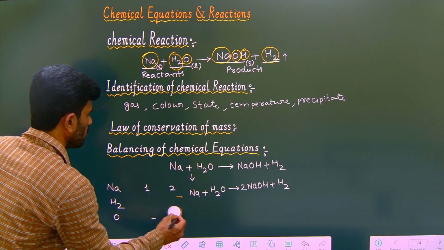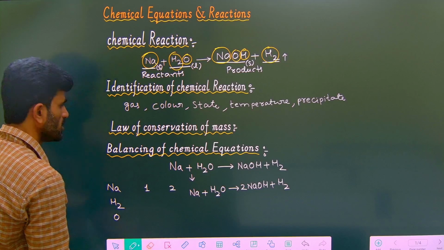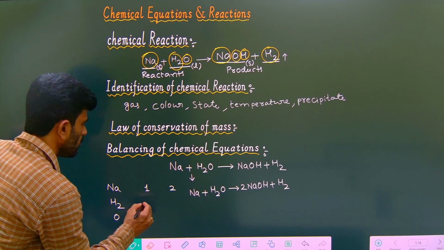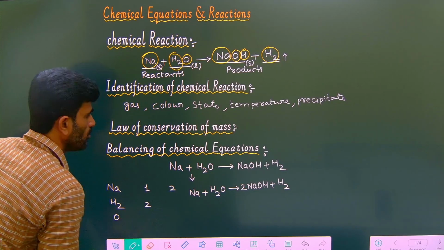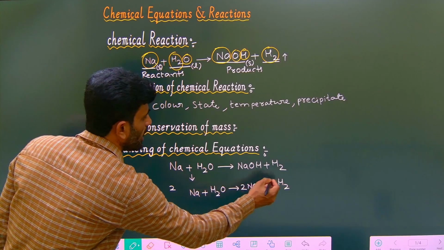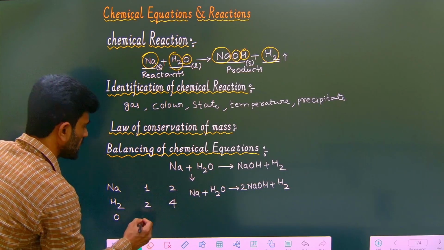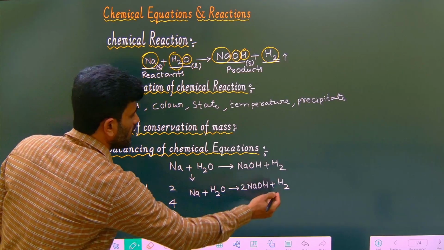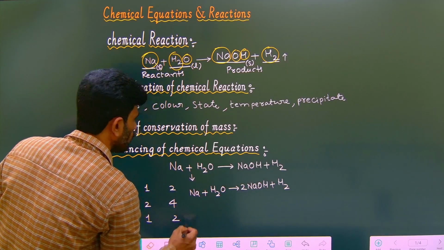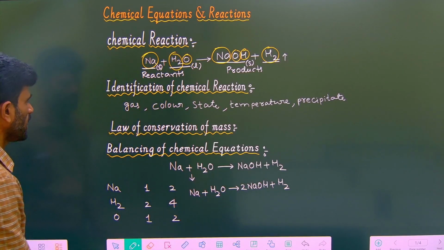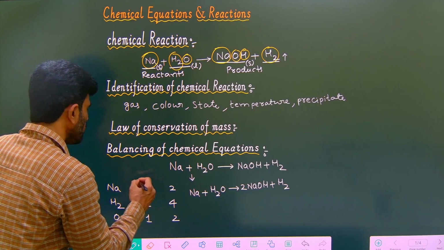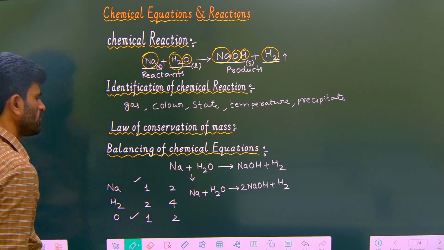Then hydrogens. Hydrogens we have reactant side 2, but product side here 2 and here 2, 4. Now oxygens, reactant side 1, but product side 2. Like this we have. So again, what is different now? Sodium is different, oxygen is different, both are different.